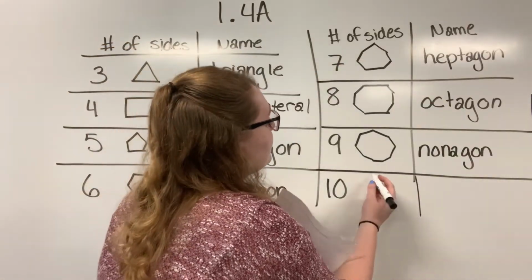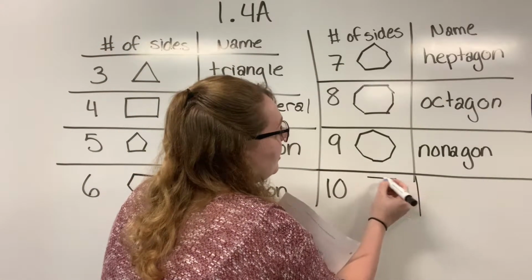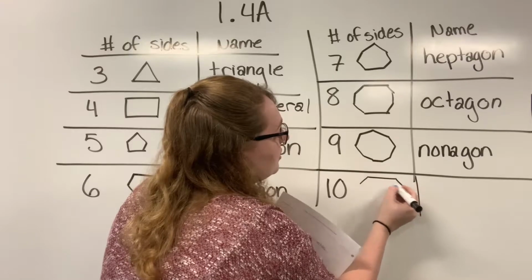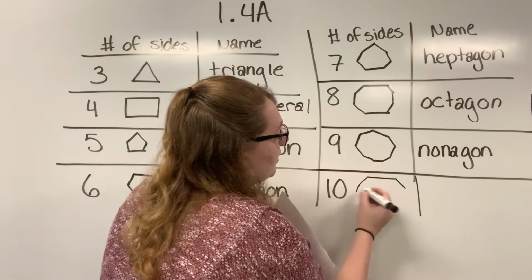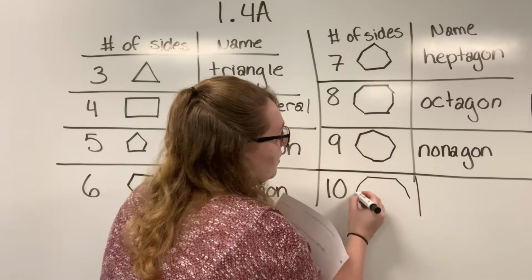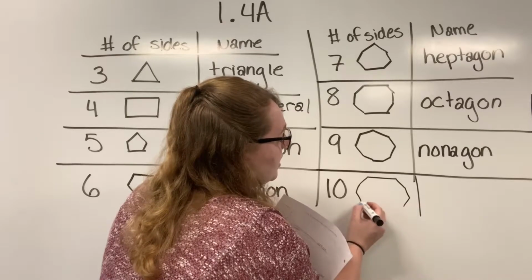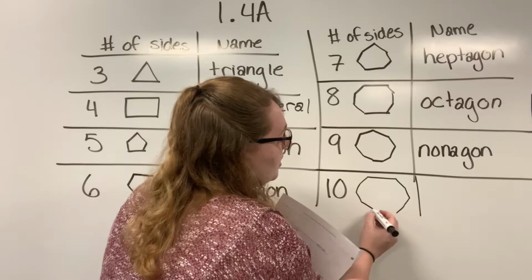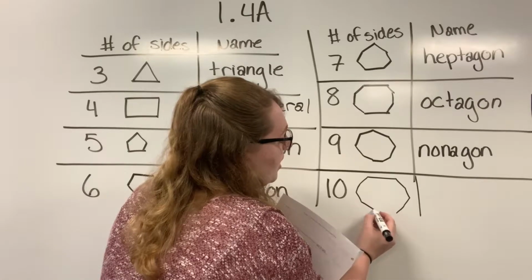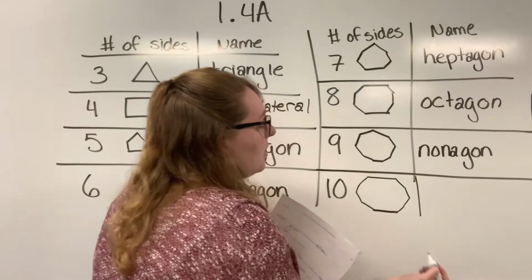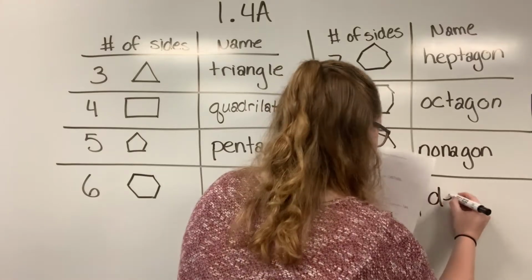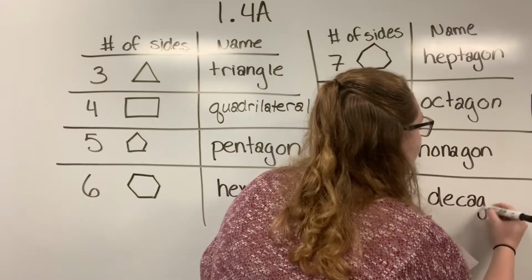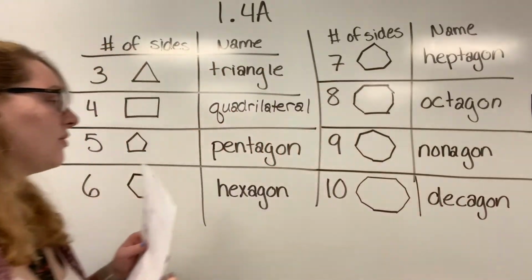If it has 10 sides and looks like this, then it is called a decagon. Okay?